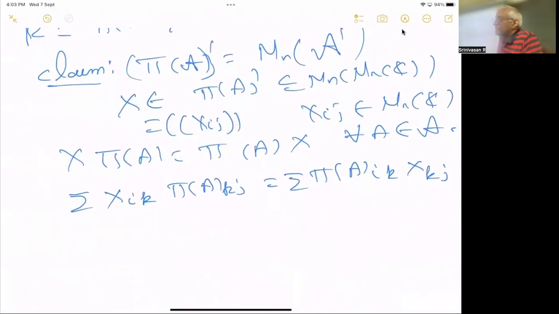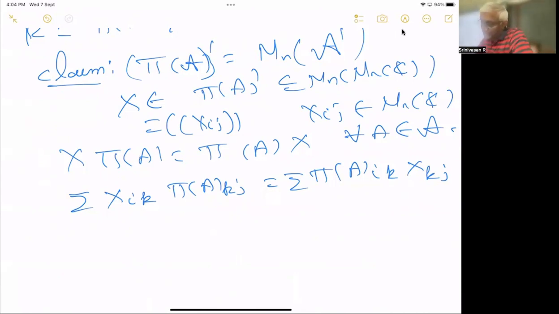Pi of A, which is an algebra, is just the algebra sitting in the big algebra as diagonals. Which is precisely 1 tensor A, which we defined last time. So that commutant is Mn of A commutant, matrices with entries coming from A commutant.